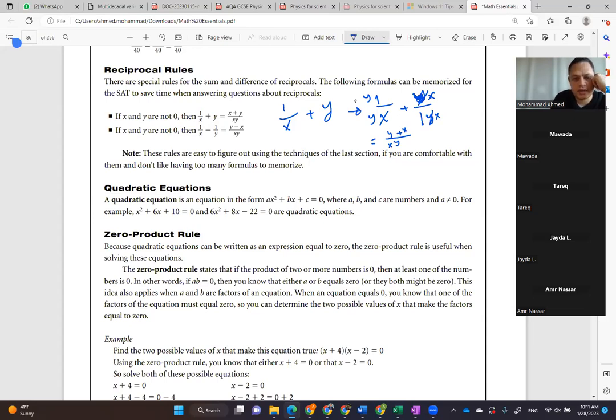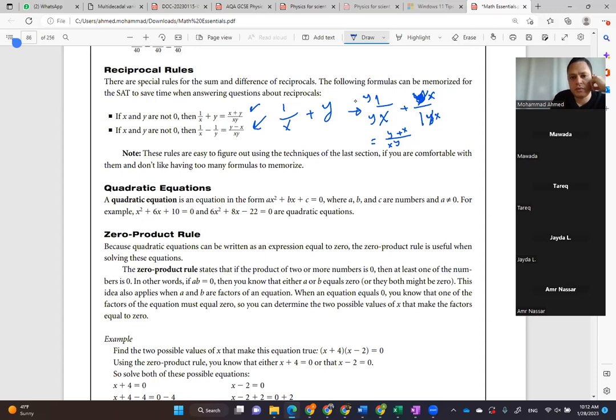If you have 1 over x minus 1 over y, it is going to be y minus x over xy. So you can apply these rules, or you can memorize the formula to apply in any mathematical problem.